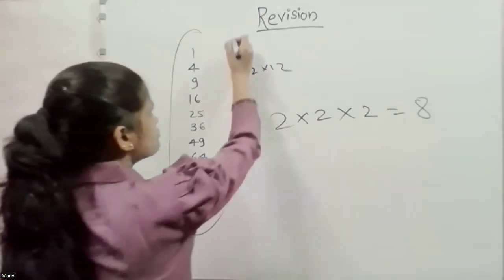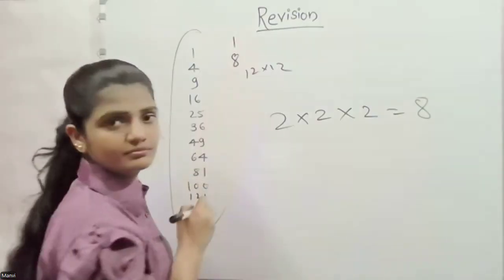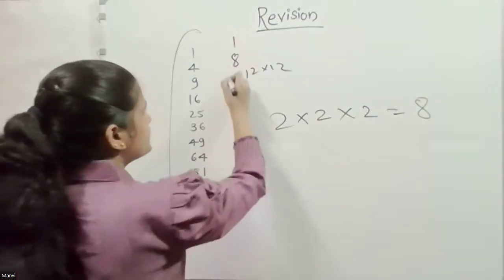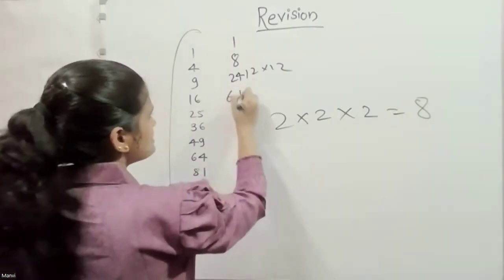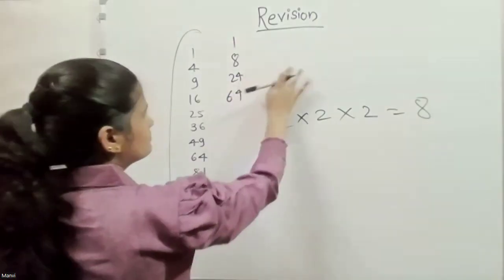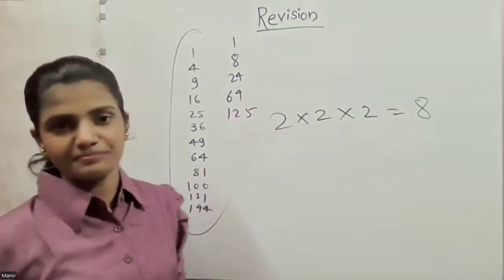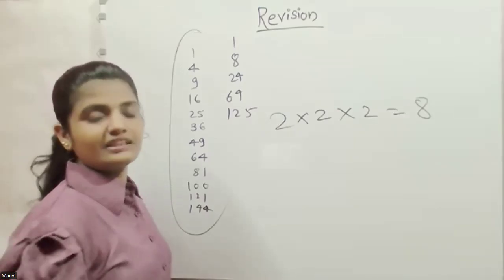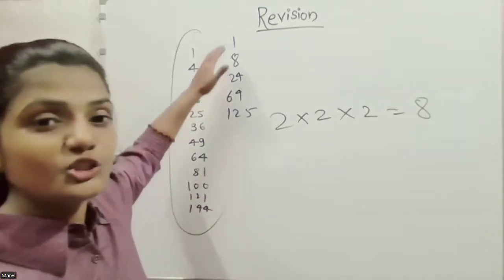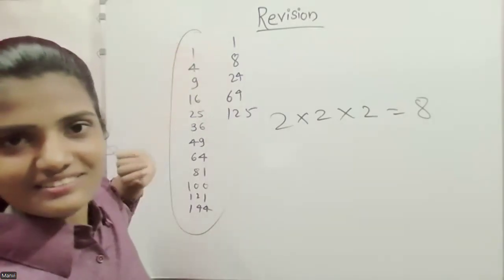The first cube number is 1. The next is 8. The next is 27. The next is 64. So it can't be it. Okay? The difference between cube numbers is actually much more than with square numbers.